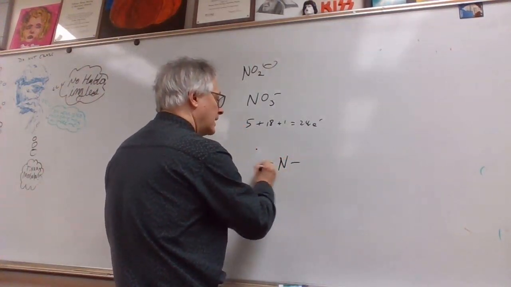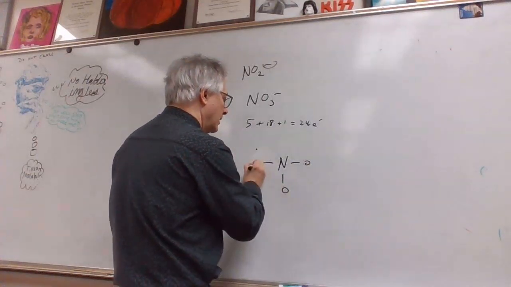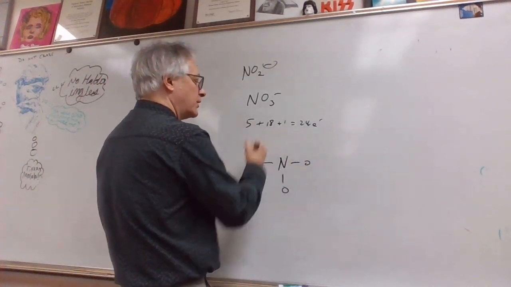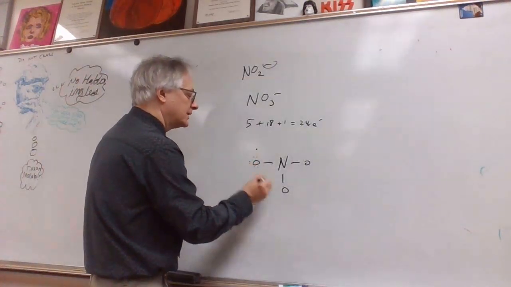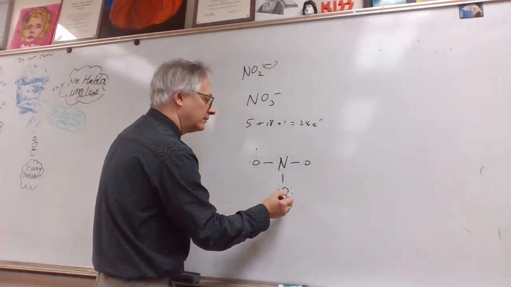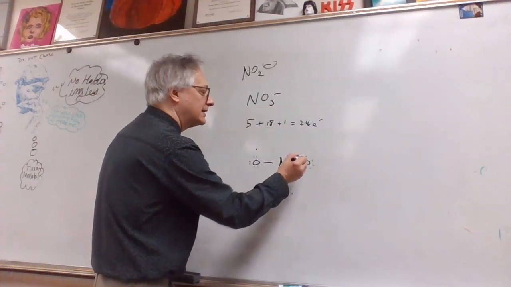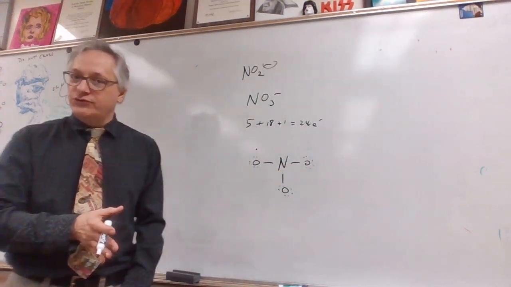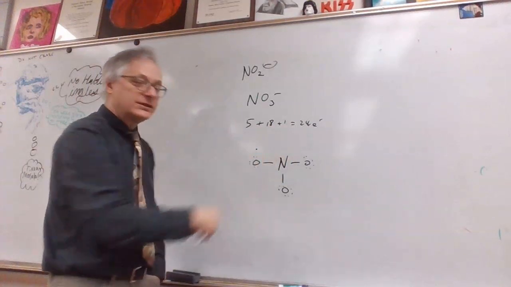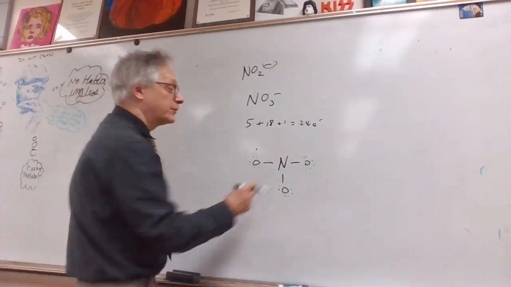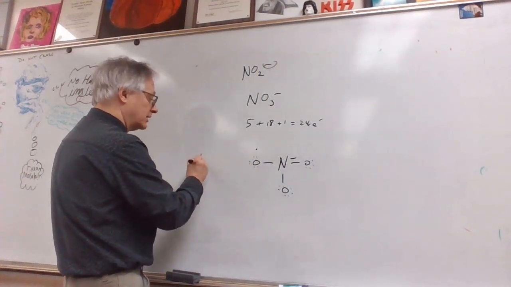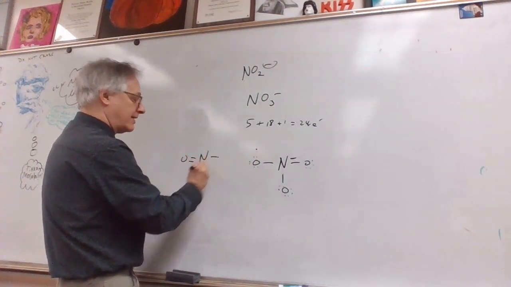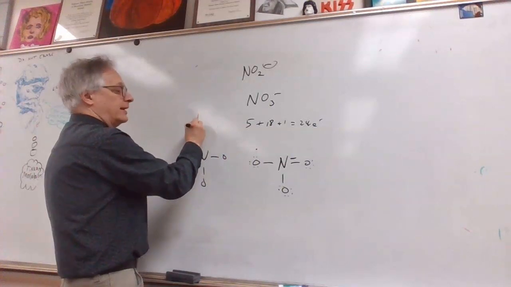Put the oxygens like so. And I've used 2, 4, 6, so I have 18 to place. Well, if I do this, 2, 4, 6, 8, 10, 12, 14, 16, 18, that's not a good structure because nitrogen doesn't have 8 electrons around it. So you have that, or you also have resonance structures. You can have it like that, or you can have it like that.